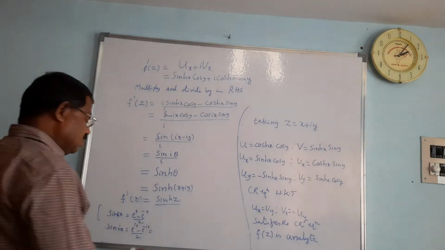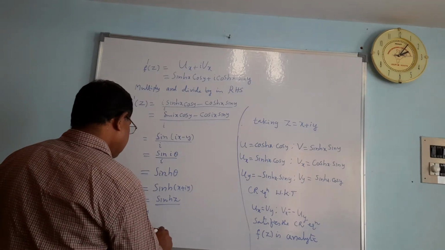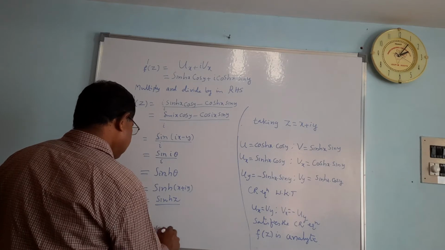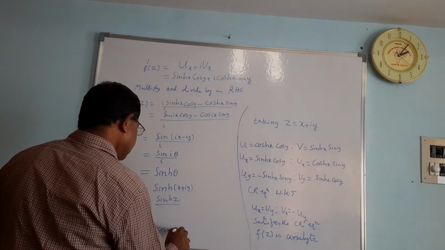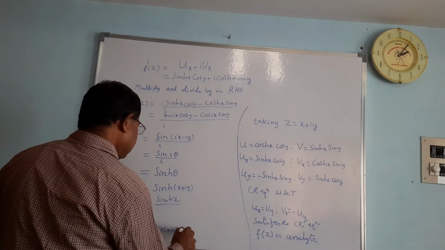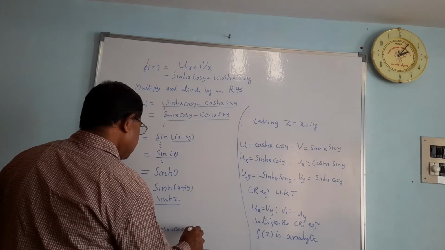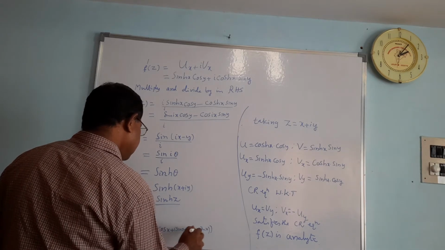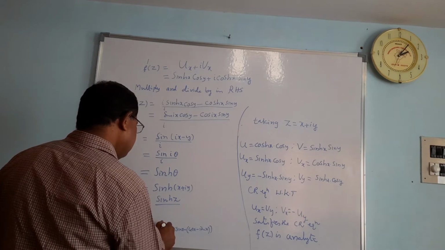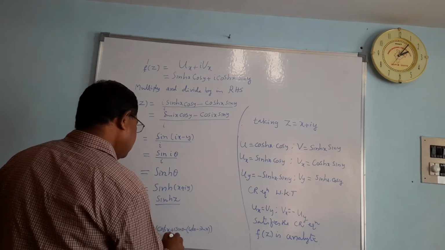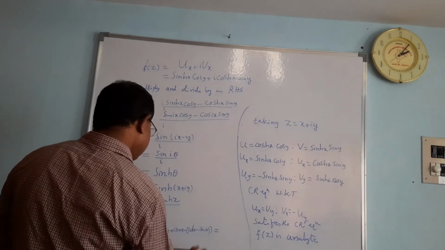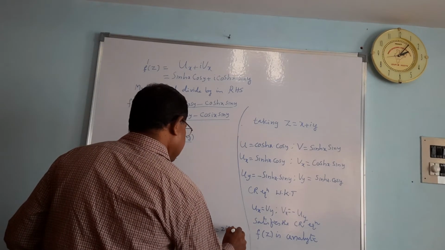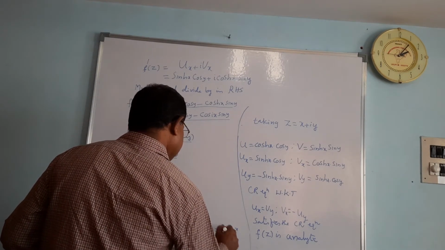Here, cos x plus i sin x minus cos x minus i sin x, this is 2 times i sin x divided by 2, right?